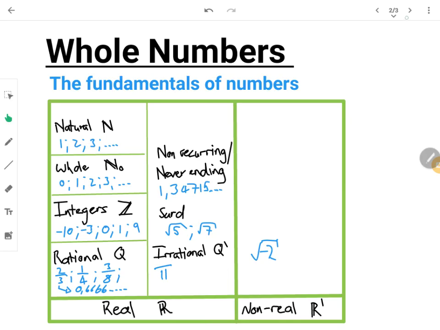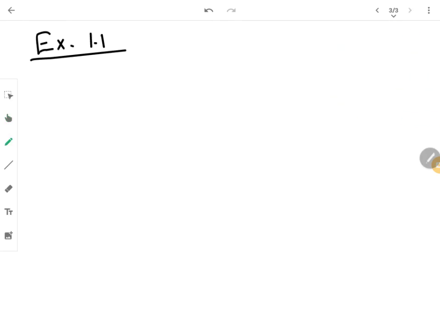Right, so if we go to 1.1, let me just give you an example, maybe I should just give you one or two of these. You can write down the rest. Sorry, that's real numbers. We're working with rational and irrational. So remember the apostrophe with a Q is irrational numbers.